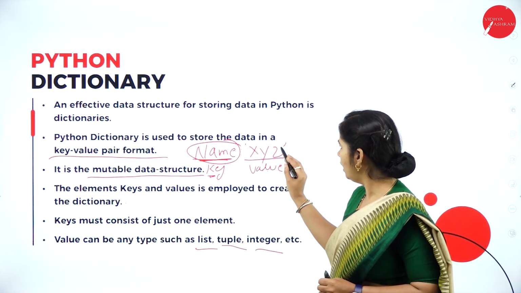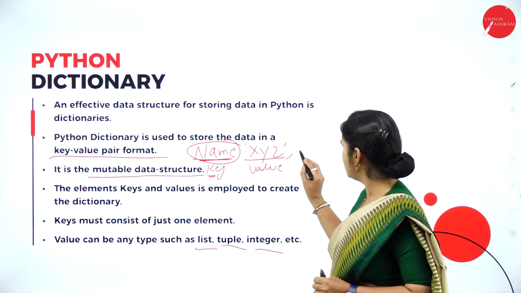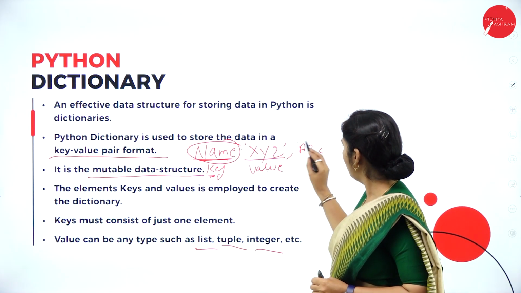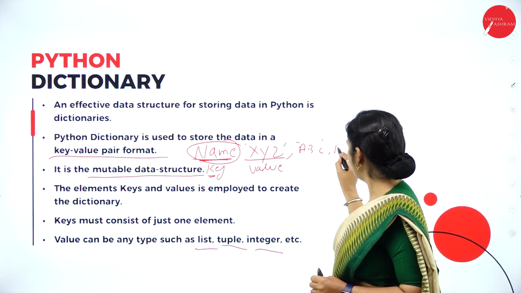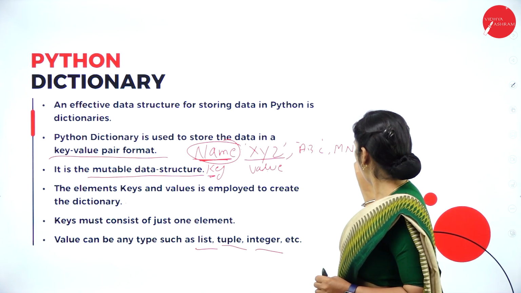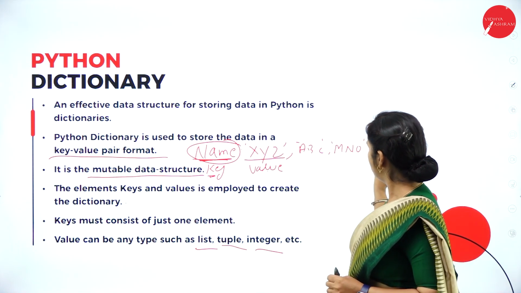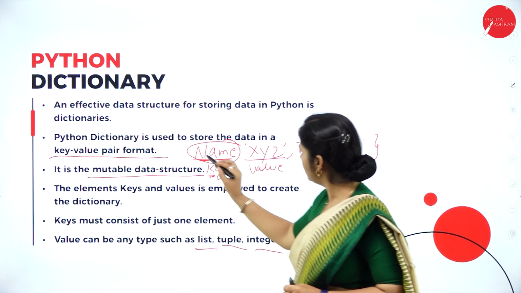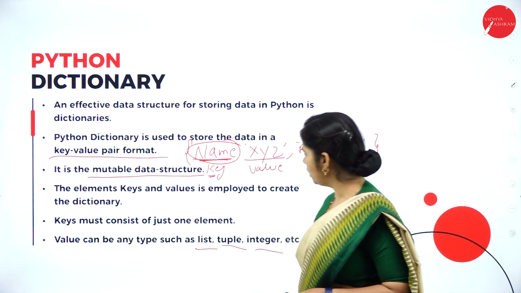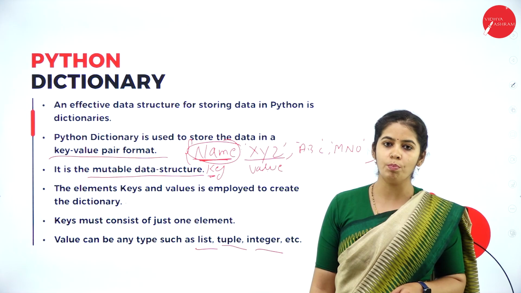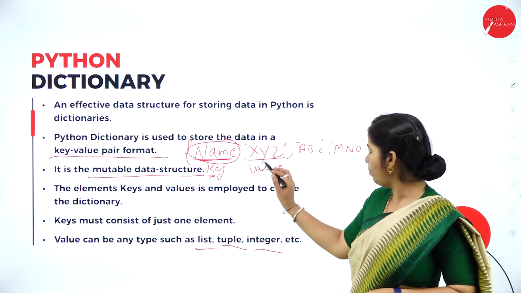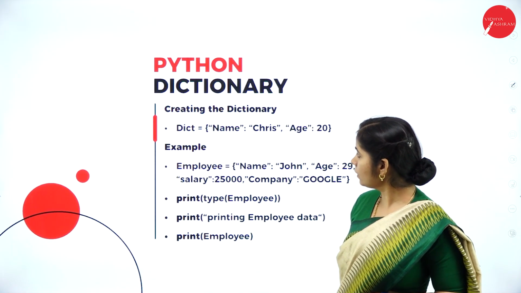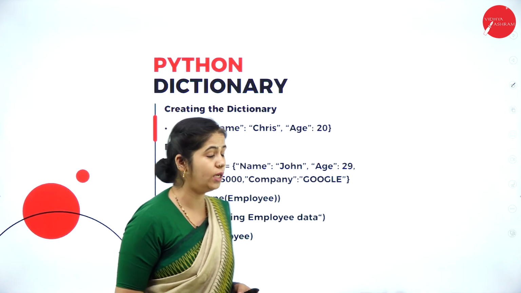For this particular name, I can give XYZ, A, B, C, any number of values, M, N, O, like this. So, this is how we are representing the dictionary. We are representing the dictionary using curly braces, separated by comma. Python dictionary, how to create a dictionary?